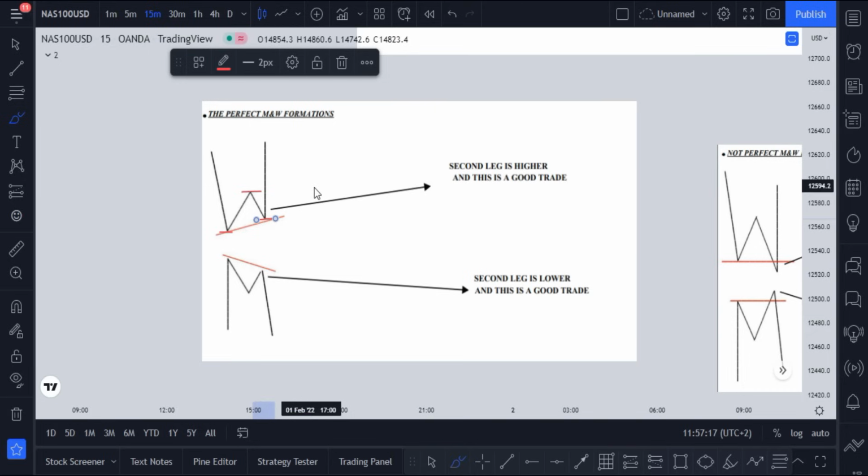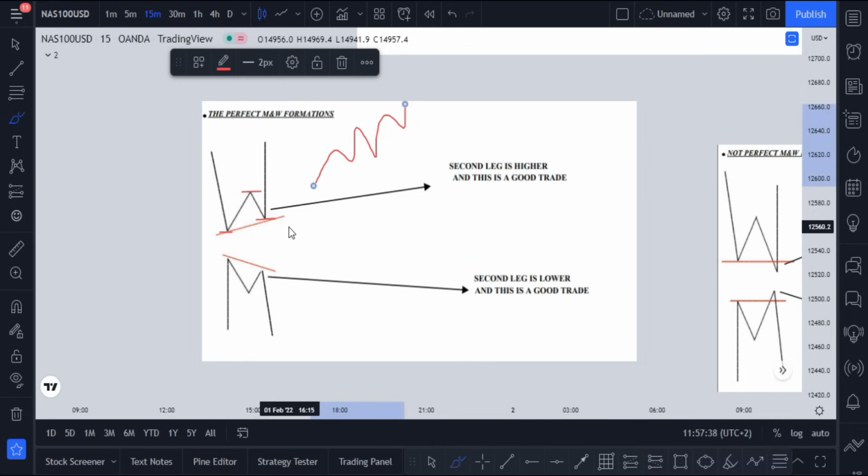Basically, remember again, I'm just going to illustrate again: higher high, higher low, higher high, higher low, higher high, higher low. That is how the bullish market basically works, right? So that is what we're already having over here, which is a confirmation that the trend really wants to go up. So it makes it a perfect W formation in this case, right?